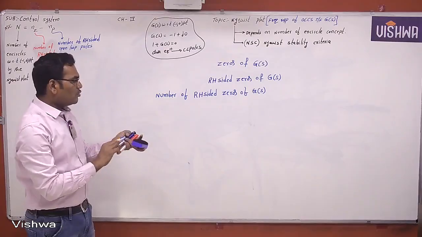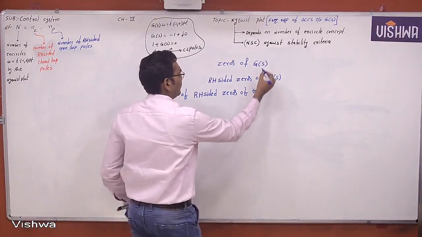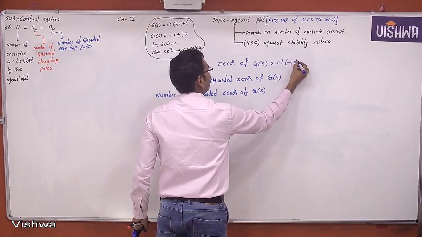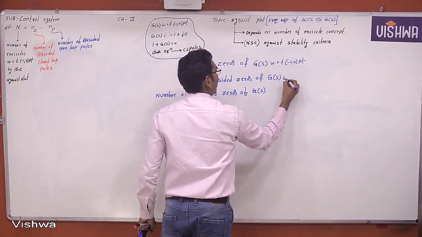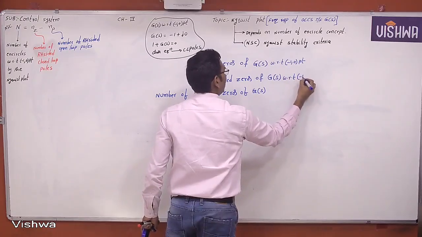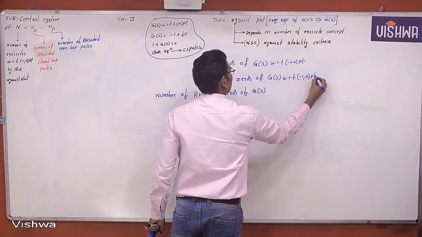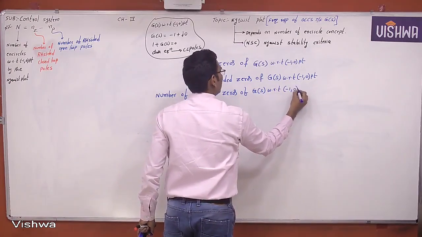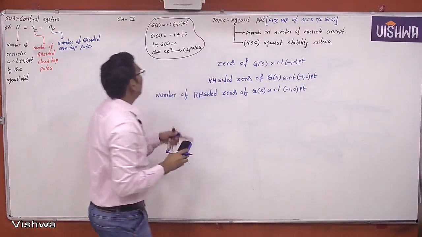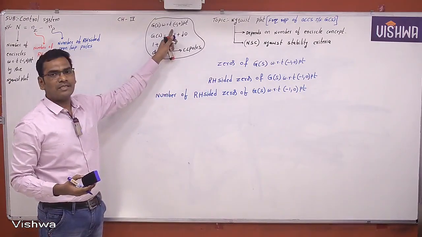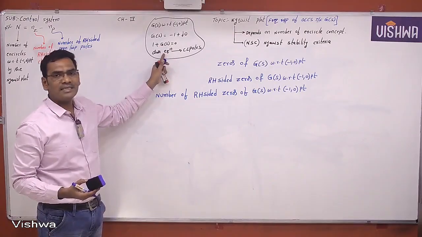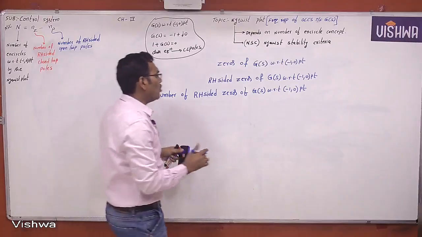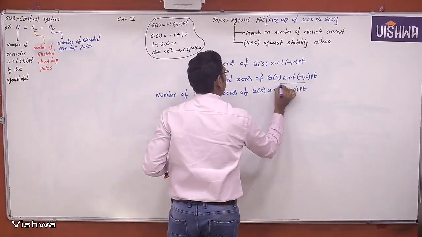But whenever this open loop transfer function is with respect to the -1, 0 point, this is not an open loop. This is a characteristic equation. It consists only of closed loop poles. Therefore, this is the exact meaning of NZ.